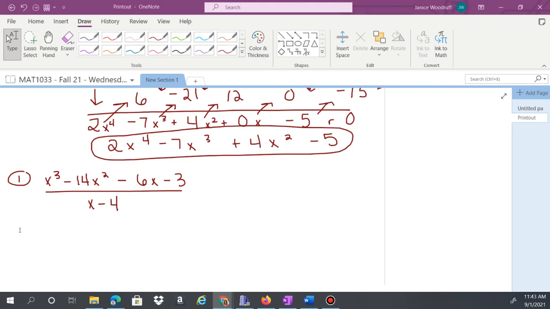Do a multiplication problem. Seven x plus 1 squared here. And then let's do another division.